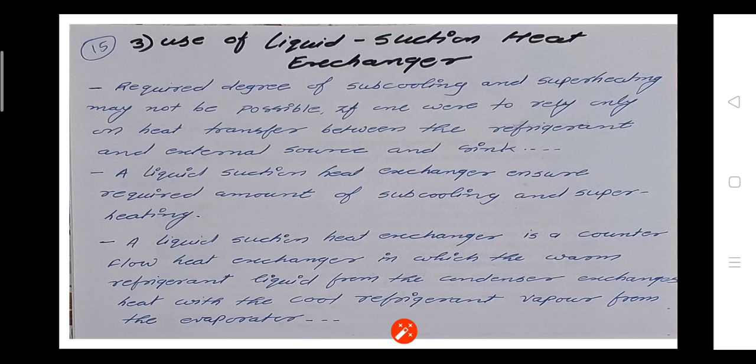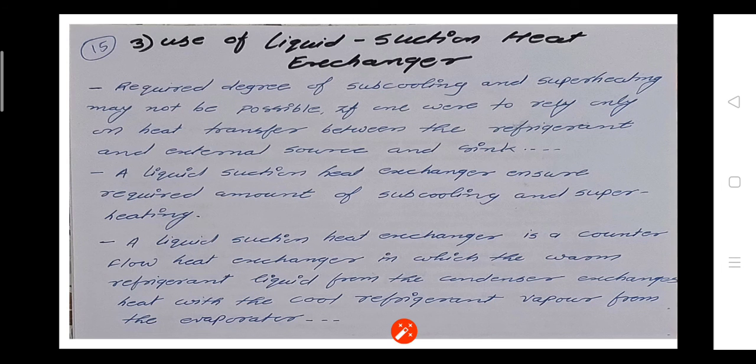See, this line: the required degree of subcooling and superheating may not be possible if one were to rely only on heat exchange between the refrigerant and the external source and sink. A liquid suction heat exchanger ensures the required amount of subcooling and superheating. Okay, with the help of a liquid suction heat exchanger, there is no limit of temperature for the subcooling and the superheating.